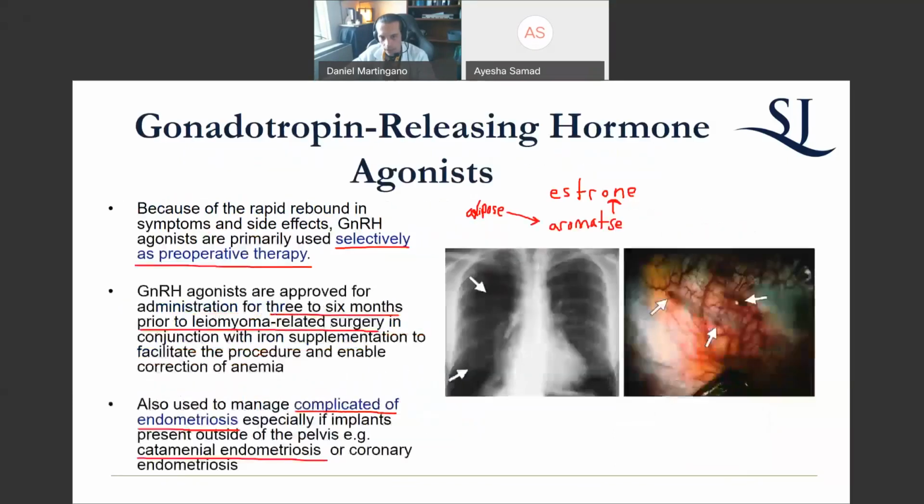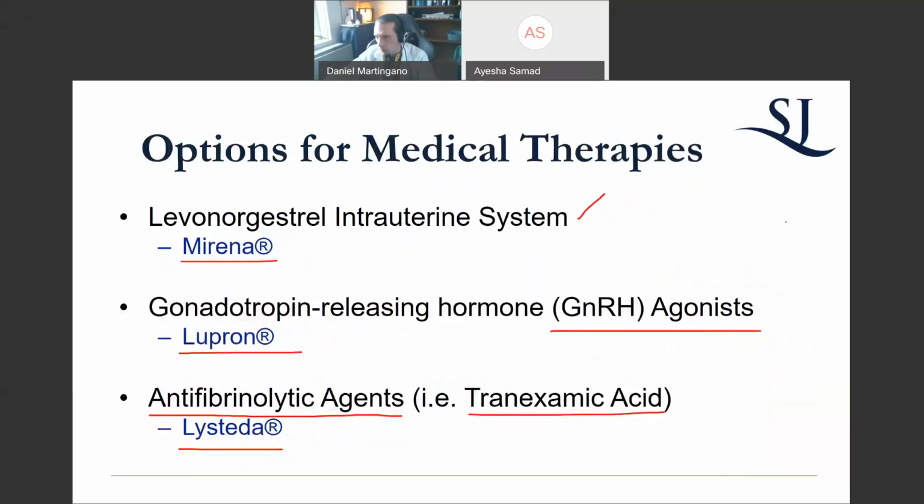So just to recap, and this is going to be recorded, so if you need to pause and review, perfectly fine. Options for medical therapy for structural abnormalities include levonorgestrel IUD, GnRH agonists, and Lysteda, tranexamic acid. Levonorgestrel IUDs are a medicine you can try and see how it goes.